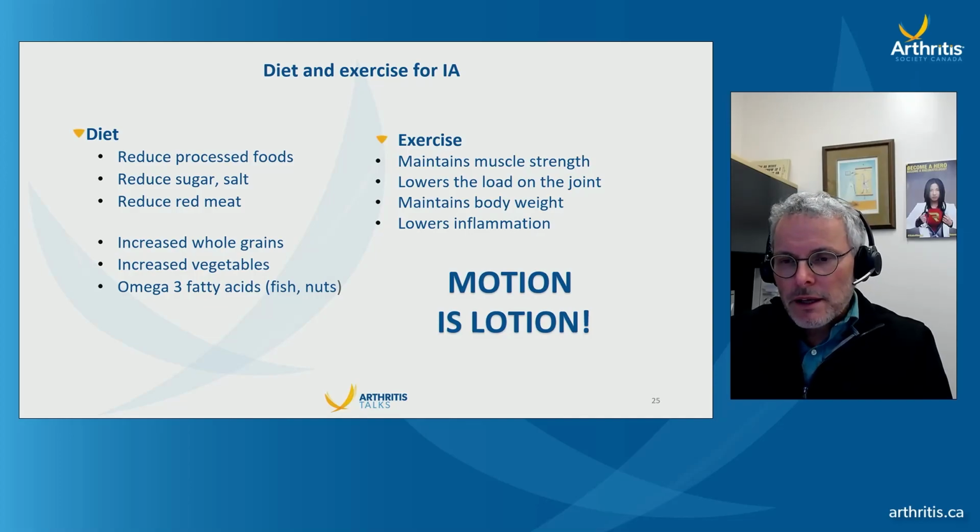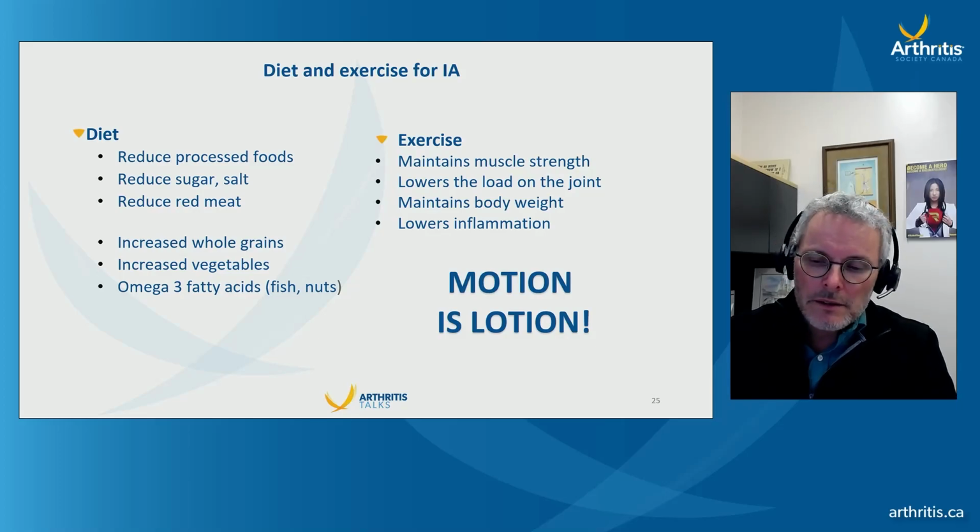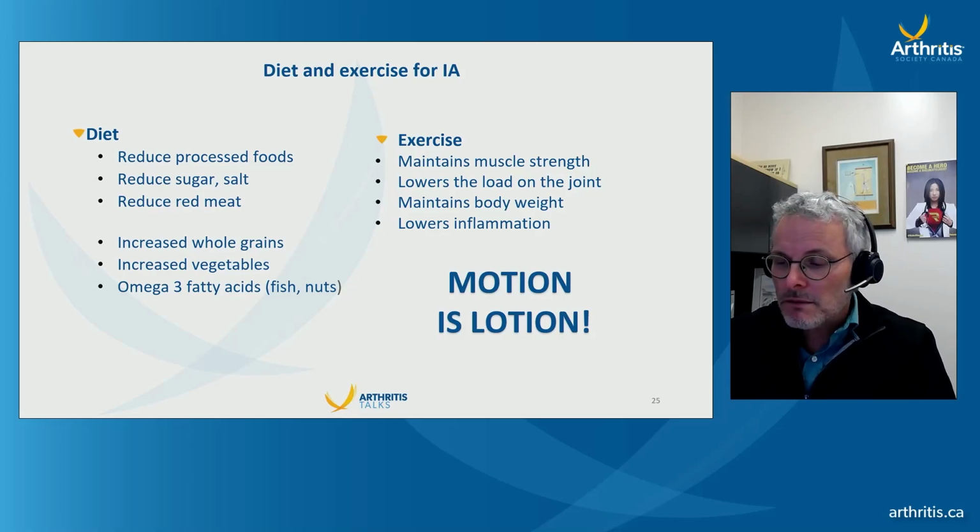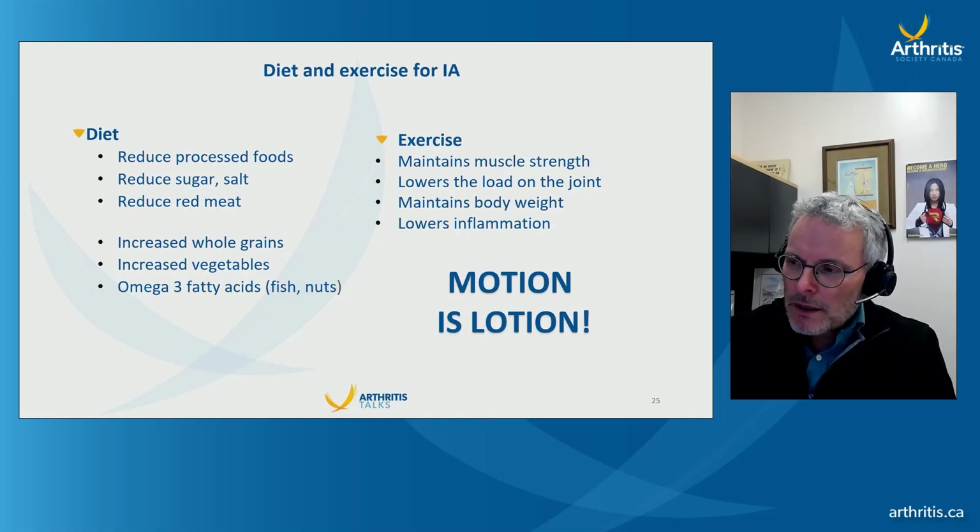And we know that people who substitute those for whole grains, increasing the amount of vegetables in their diet, and some people take it as far as becoming vegan or vegetarian, which has shown to help arthritis, although that's not something that's for everybody for sure.